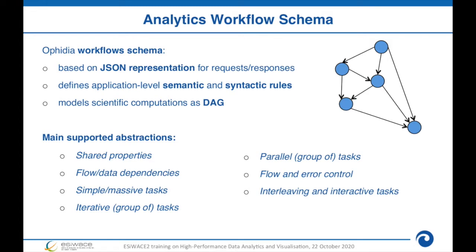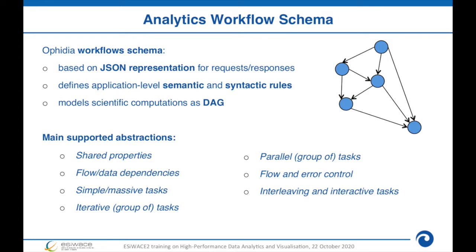It introduces various abstractions such as global properties, which are shared by all the tasks in the workflow, and also flow dependencies. It supports the execution of simple tasks and also of massive tasks, and parallel groups of tasks which could be applied on different input data, as well as options to control the flow and also control the execution in case of errors.